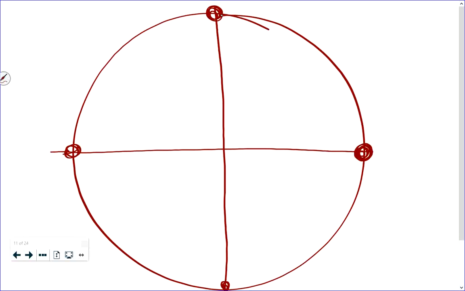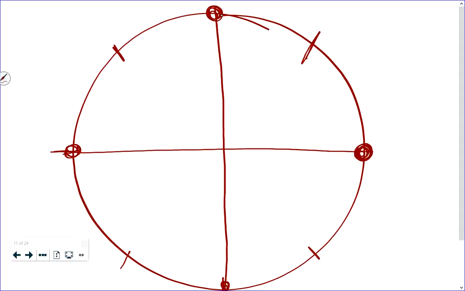If I were to look at multiples of 45 degrees, that would be here. That's 45 degrees. Another 45 takes us to 90. Another 45 takes us there. Another 45 takes us here. And we continue in this fashion. These are all special locations.